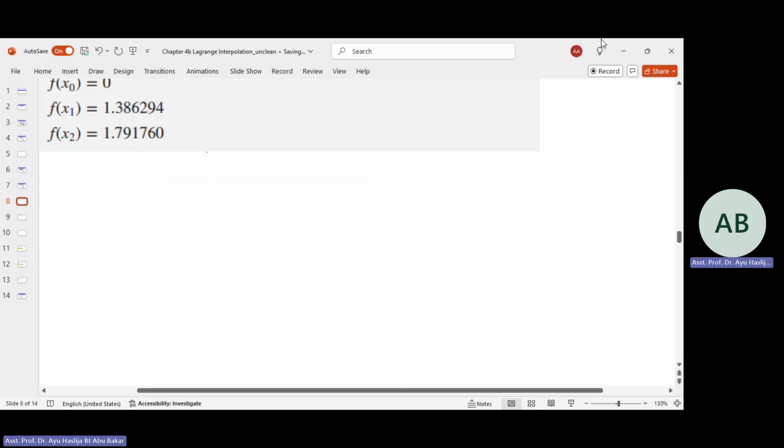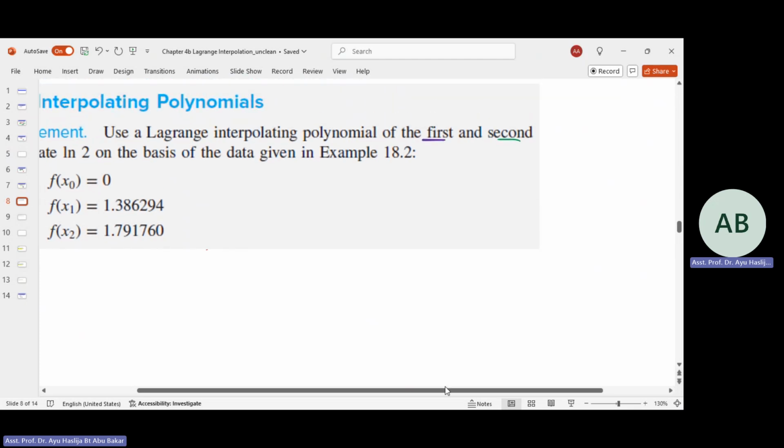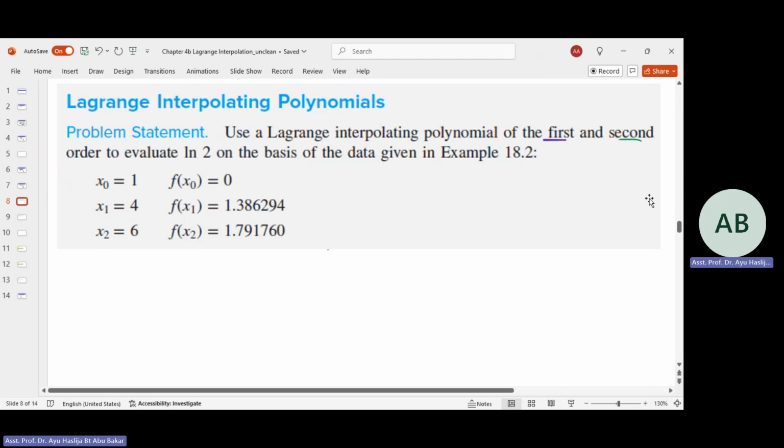Now let's try some example. This is from the textbook. It asks you to use Lagrange interpolating polynomial for first and second order to evaluate ln 2 on the basis of the data given in the previous example.